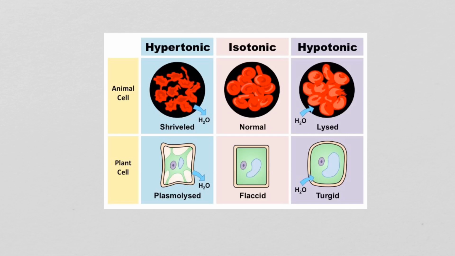Now, when we're talking about an animal cell, it is going to follow the same old rules that we were talking about. If it's in a hypertonic solution, an animal cell or a bacteria cell or a fungal cell, they're all going to shrink.